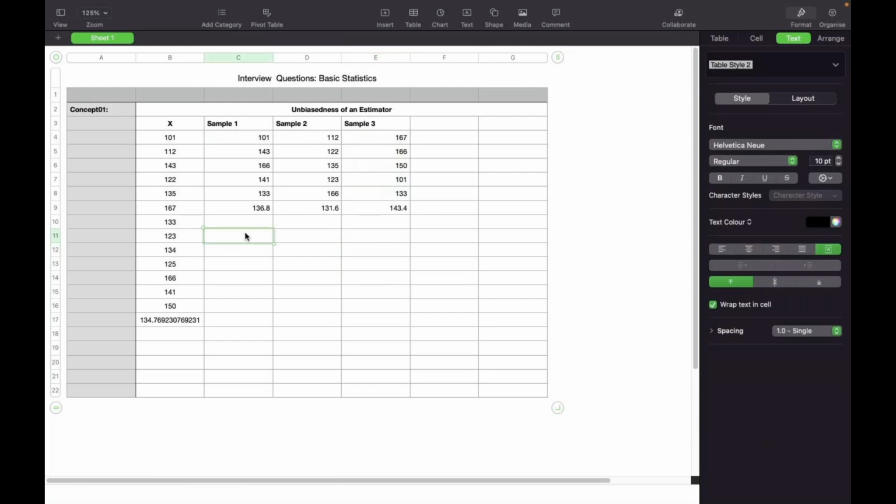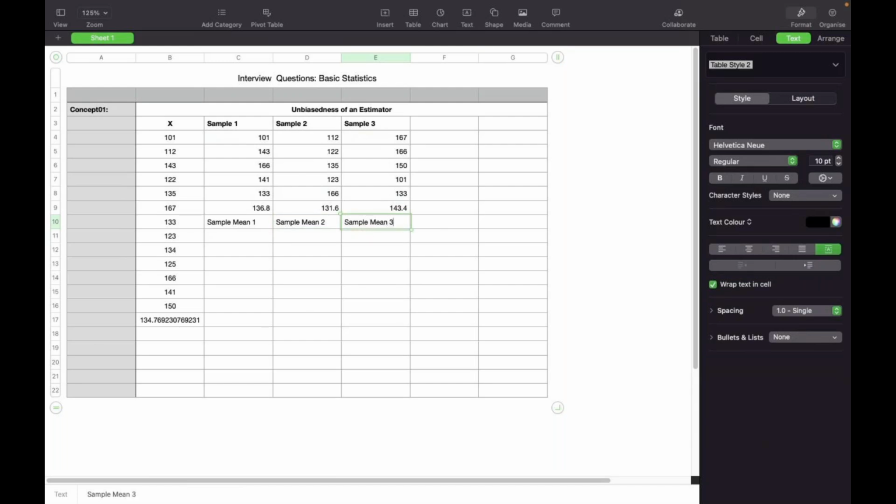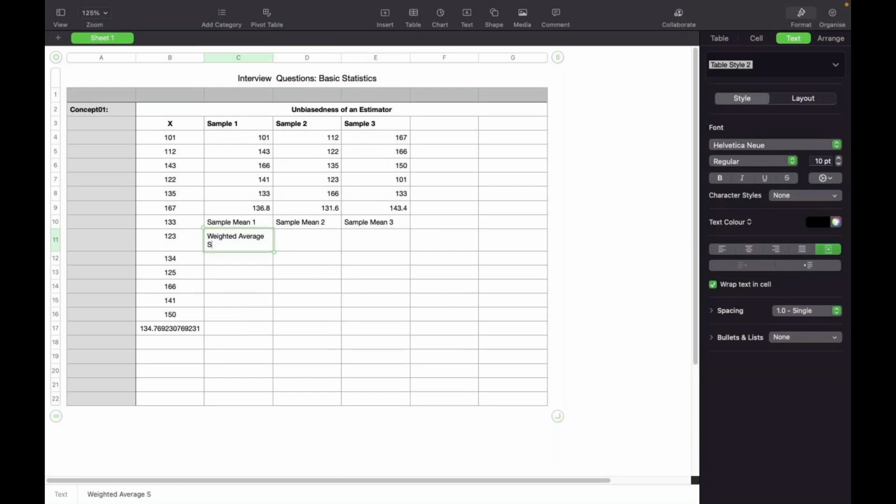Now observe that I have a distribution of the averages, right? So if I take the average from sample 1, this is the sample mean 1, this is the sample mean 2, the sample mean 3. Now if I take the weighted averages of these sample means, what do I get?